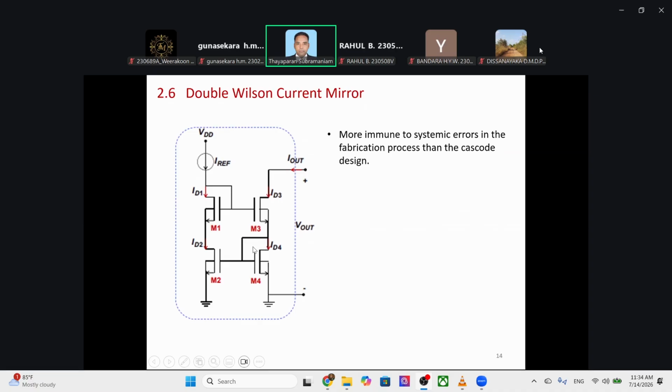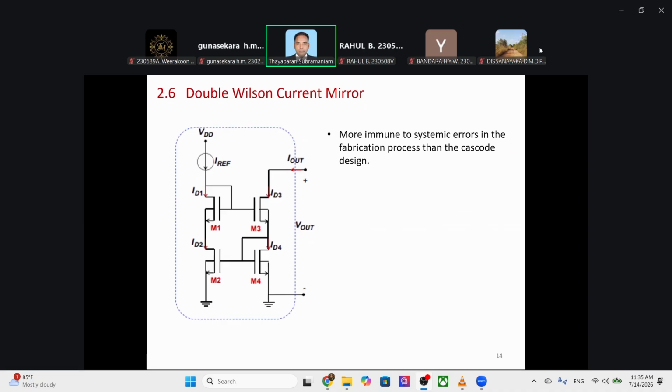Similarly, in this path also the current is fixed. We can fix this current by opening here, and here it is more immune to errors. But here what we do, this short will fix this current, this short will fix this current, and the ratio of these two W over L decides the current flow compared to I reference.